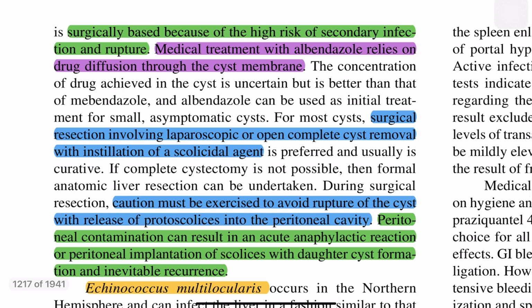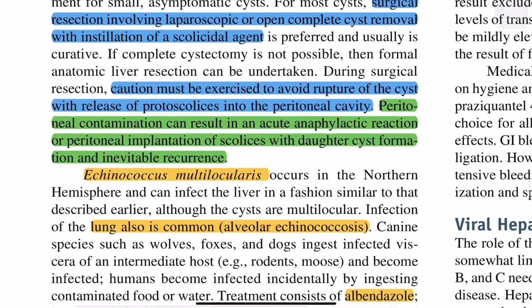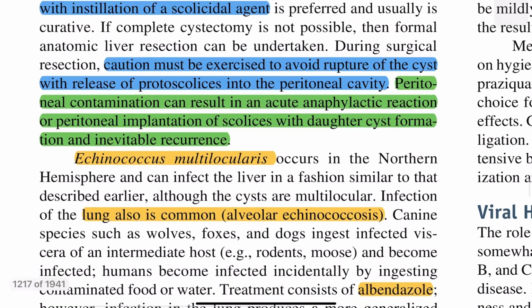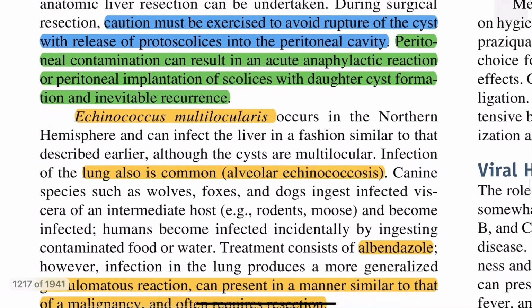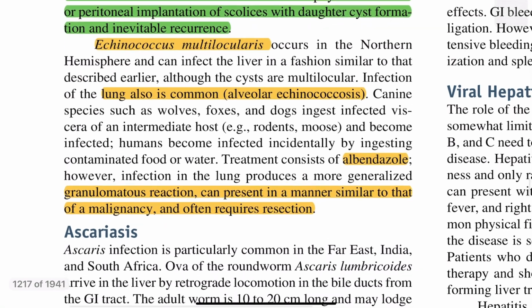Medical treatment with albendazole relies on drug diffusion through the cyst membrane. So albendazole diffuses through the cyst membrane. Echinococcus multilocularis is also known as alveolar echinococcosis.